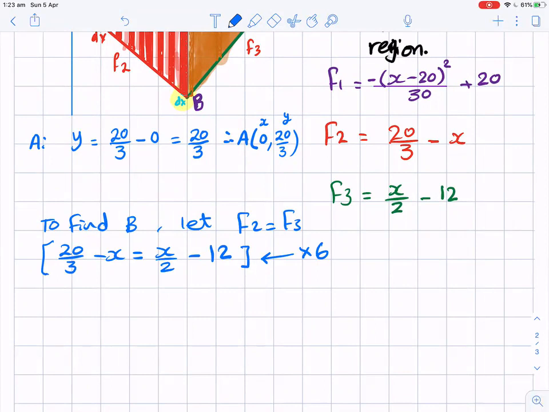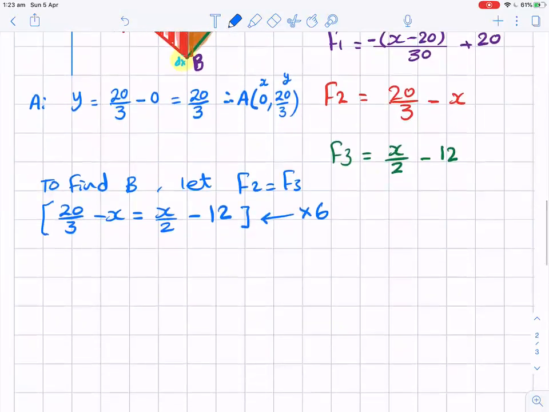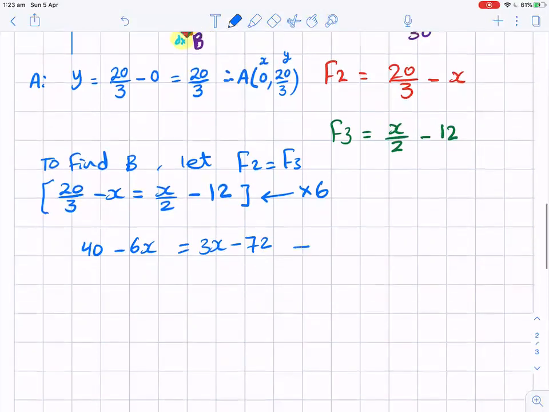After you work it out, we get 40 minus 6x equals 3x minus 72, and therefore we will get 112 equals 9x.